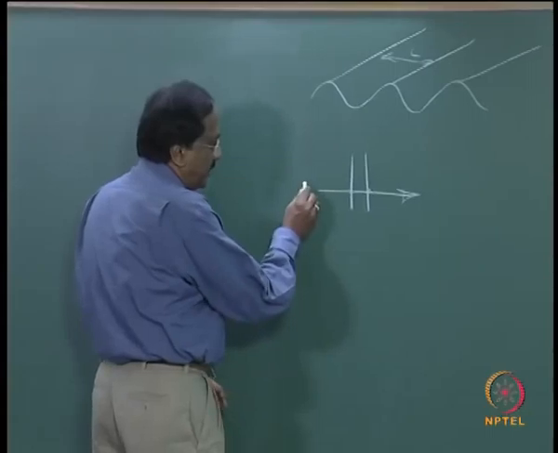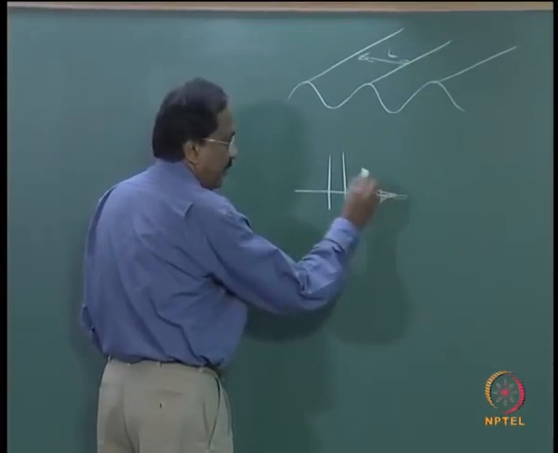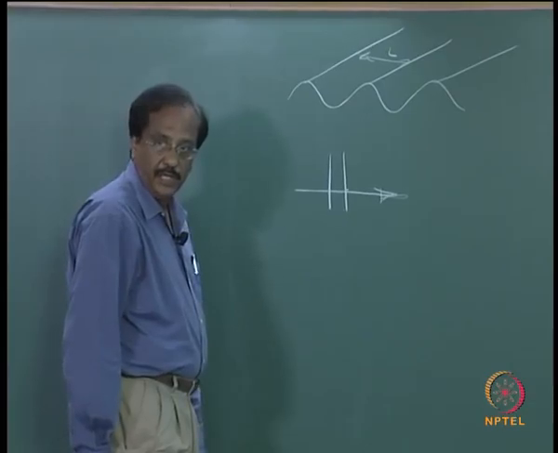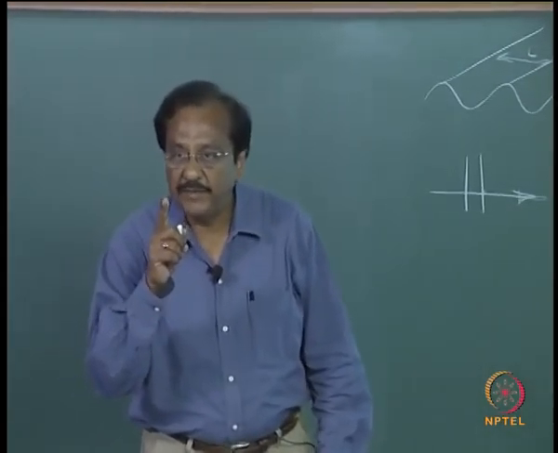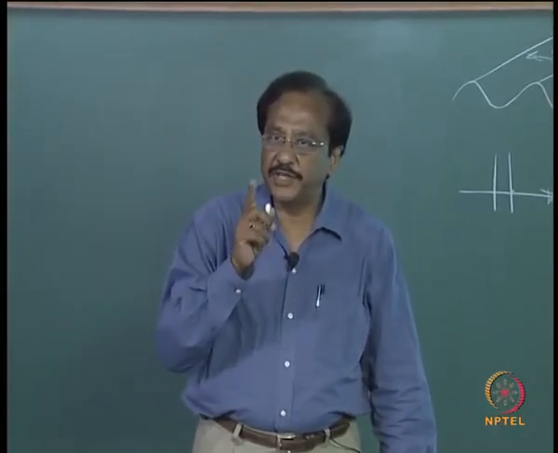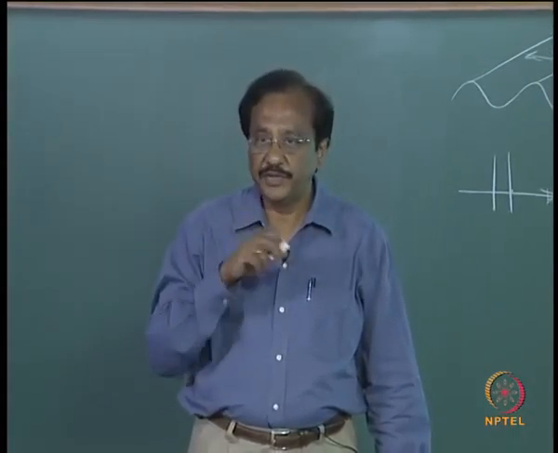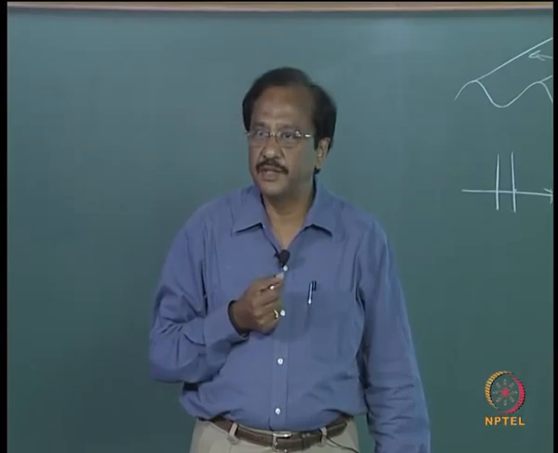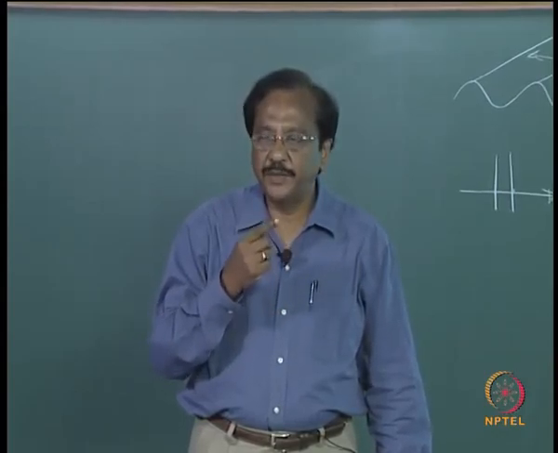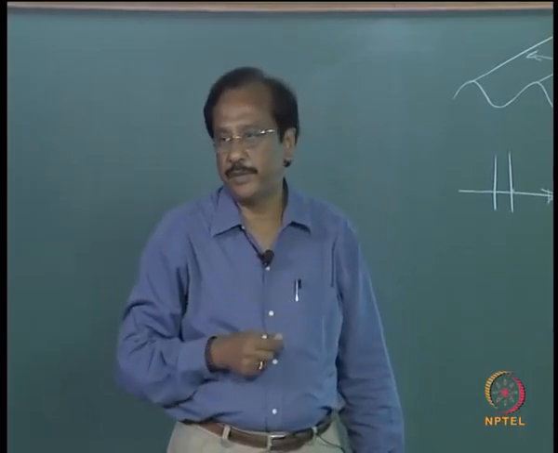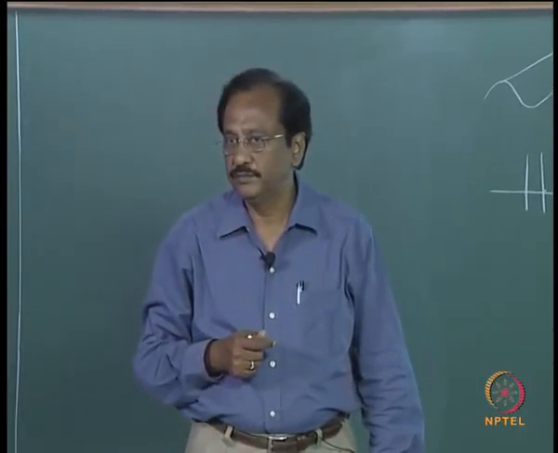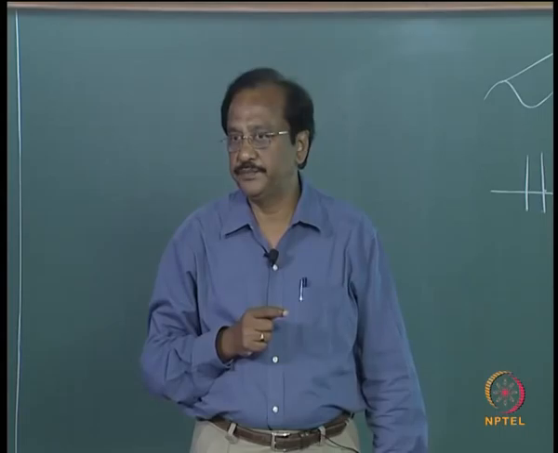So, you expect if the waves are moving in this direction, as per the definition of average power. What is the definition of average wave power? You saw in the earlier classes, this is the rate at which the energy is transmitted in the direction of wave propagation, that is wave power.